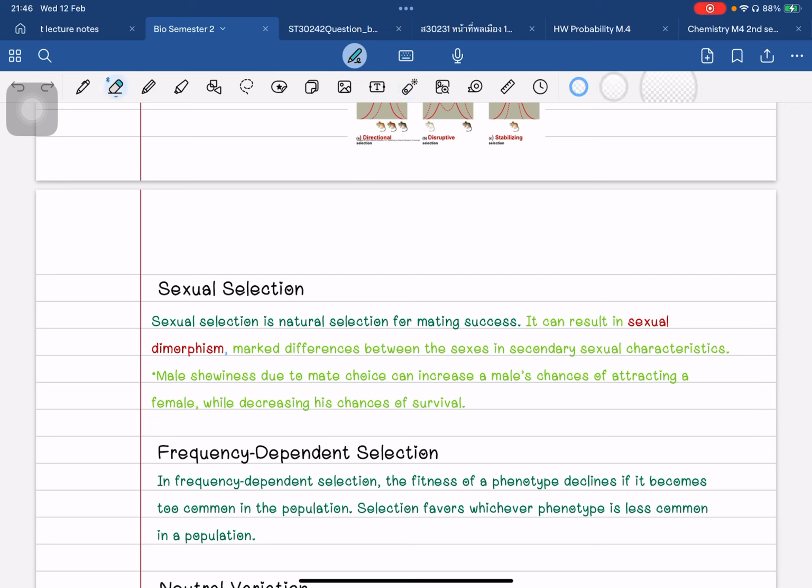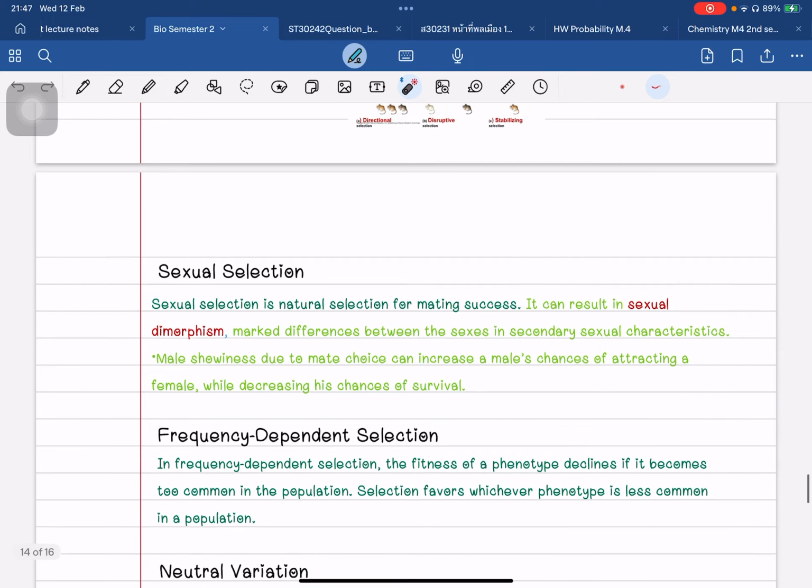Males will show these due to the mate's choice, which can increase the male's chance of attracting a female while decreasing his chance of survival. Like the peacock, where the males show their tail feathers to the female, trying to attract the female.